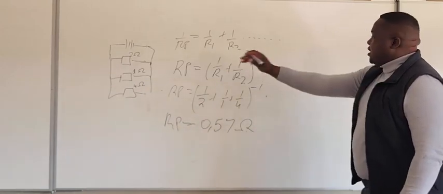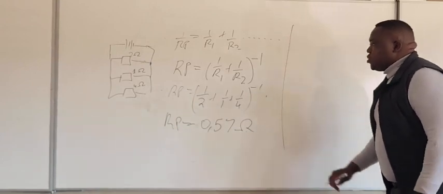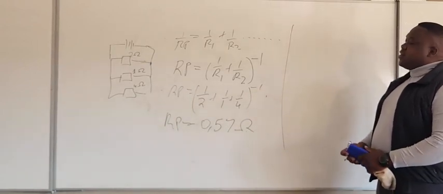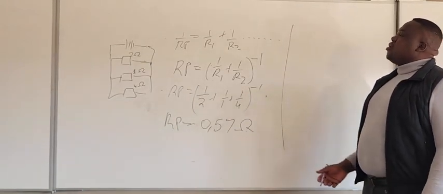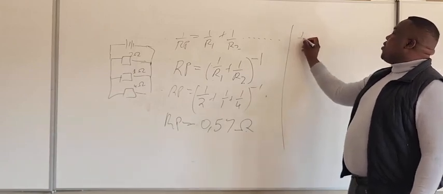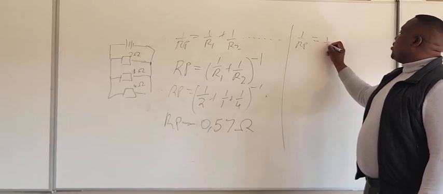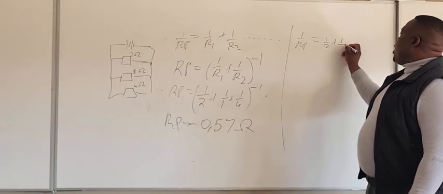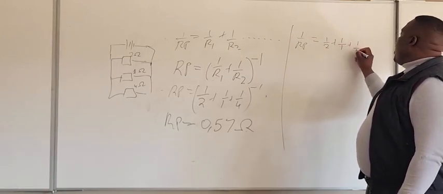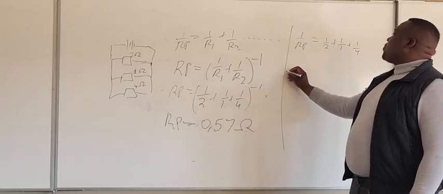Let us use the method that we know, the one which I say usually makes you make mistakes because it is long. You need to say 1 over RP is equal to 1 over 2 plus 1 over 1 plus 1 over 4.